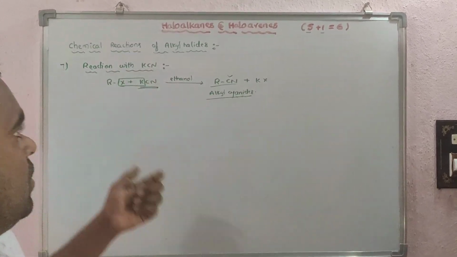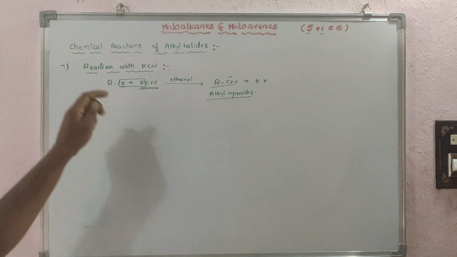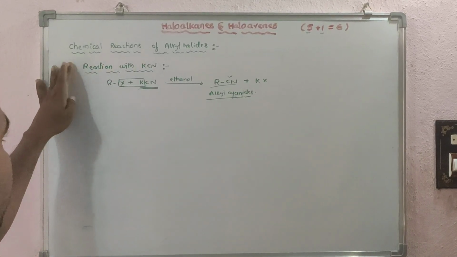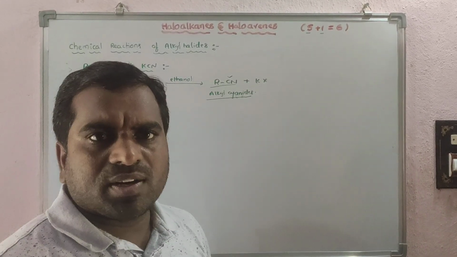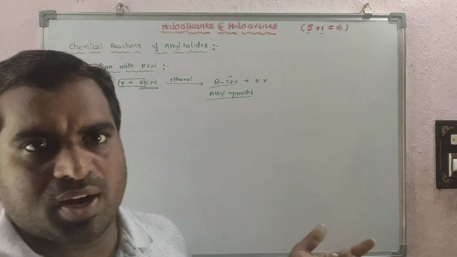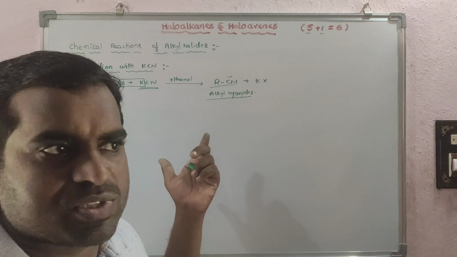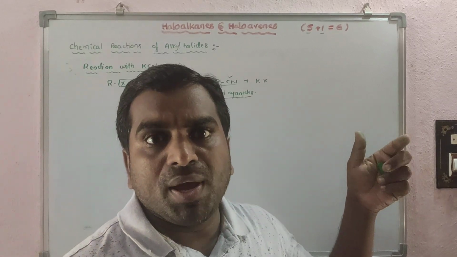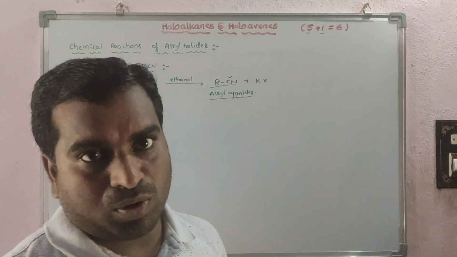Clear? So previously we discussed the reaction with KCN and AgCN, and these cyanide compounds are very important because they are used to prepare many other organic compounds.